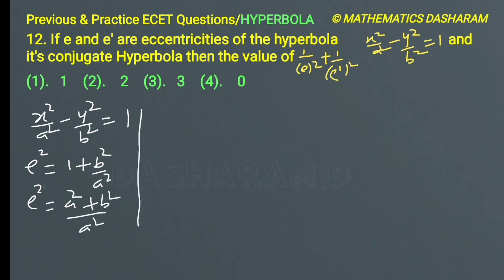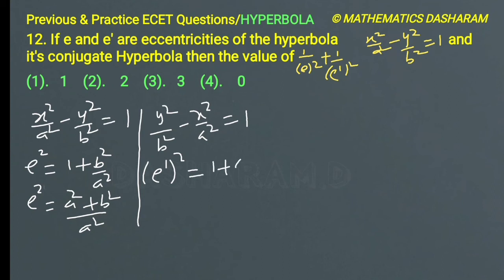Next it's a conjugate hyperbola. Conjugate hyperbola standard form is y square divided by b square minus x square divided by a square equals 1. Then its eccentricity is denoted with a dash as per the question, and its whole square formula is 1 plus a square divided by b square.